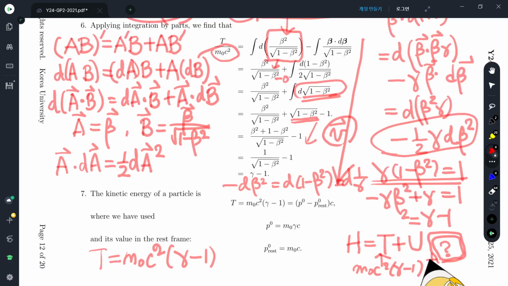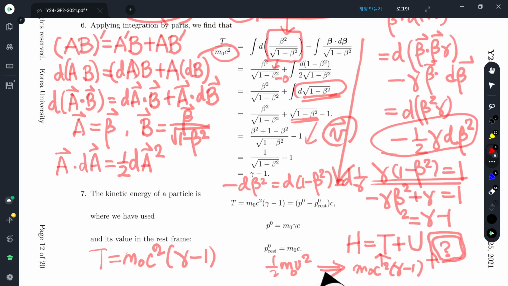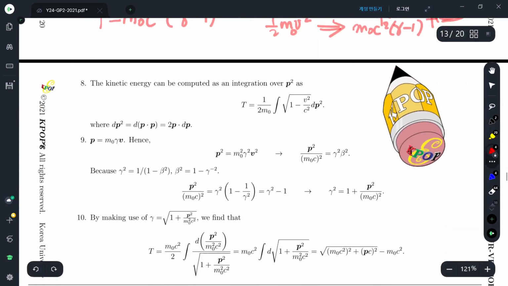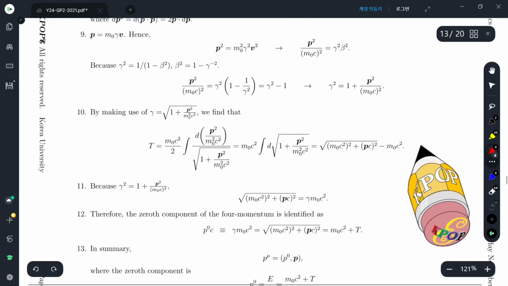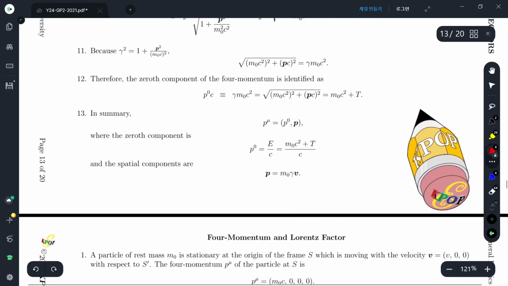But anyway, kinetic energy is not 1/2 m0 v squared, but this one. This is the relativistic kinetic energy. Now, we have another way to compute this using the Hamiltonian way.